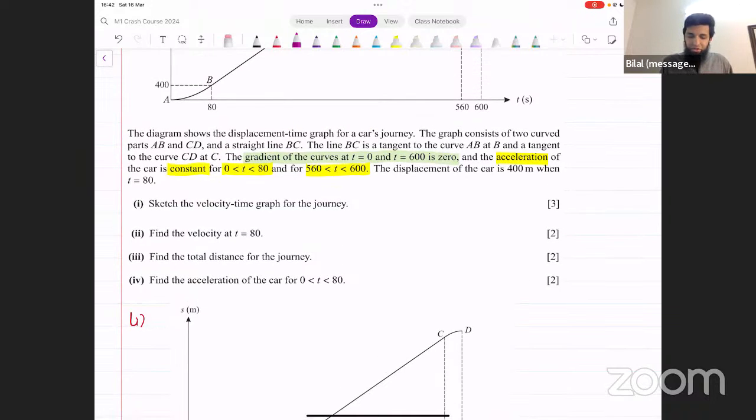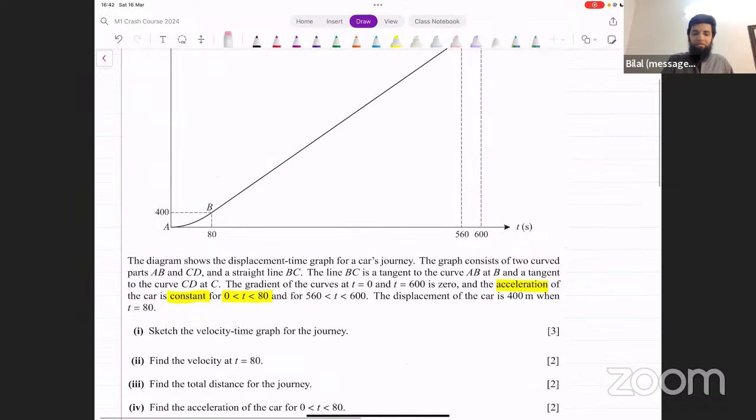The acceleration of the car is constant for time between 0 and 80, and for time between 560 and 600. What do you understand from that? Acceleration is constant. What do you understand for the velocity time graph if acceleration is constant? The velocity is also constant? If acceleration is constant, does that mean velocity is constant?